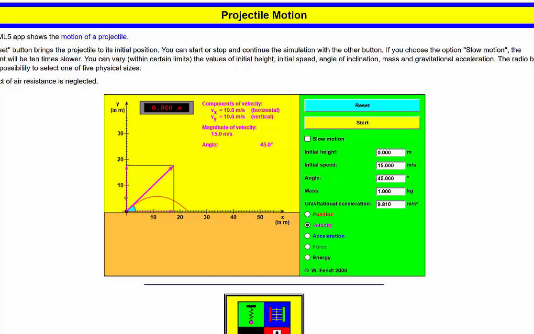Whereas if we go back to 25, the height drops significantly to about 1.5, maybe 2, and the range increases to 15, 16, 17, almost 18. So when we change our angle, it has an automatic effect on both the range and the height to which it travels. If we watch this one again, notice the change in velocity in the y direction.